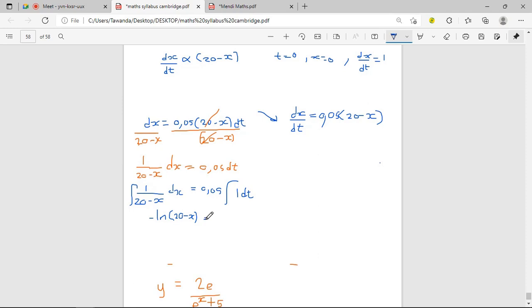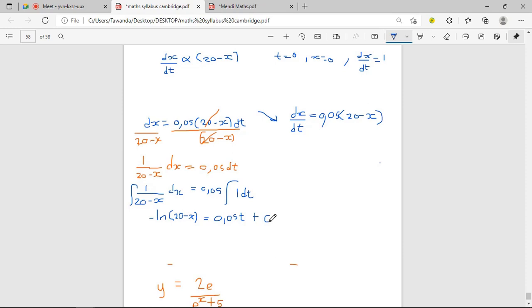Then to your right, what do you have? 0.05t, and what? Plus c. Yes, plus c, the constant of integration.